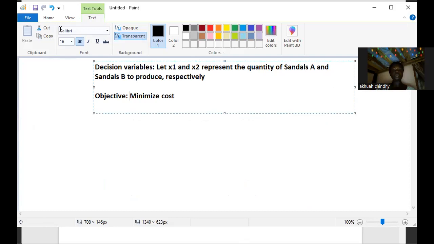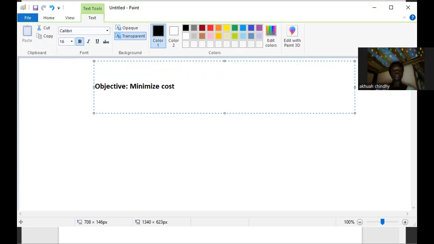So at this point, we'll just erase this decision variable here. It's already in the question, so you just copy and paste.